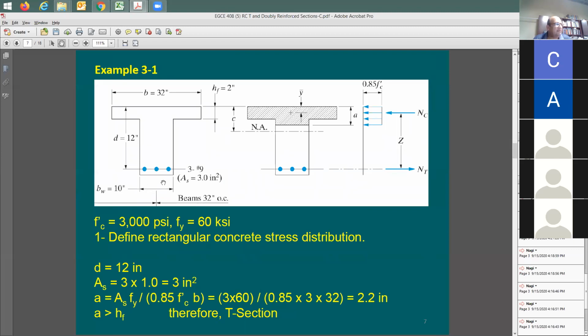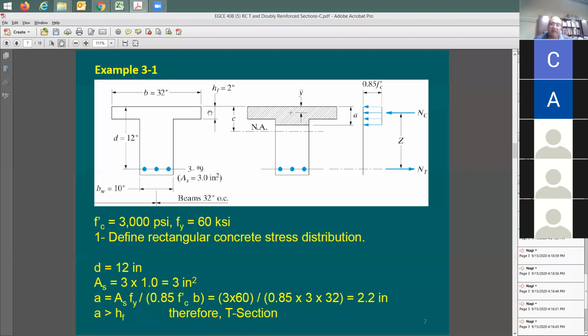All of this information is given to you. Flange width, 32 inches. It's given, so I'm not going to be asking about tributary width or the beam spacing. It was just given to me. Slab thickness is very small, as it says here, 2 inch thick. Very small slab.